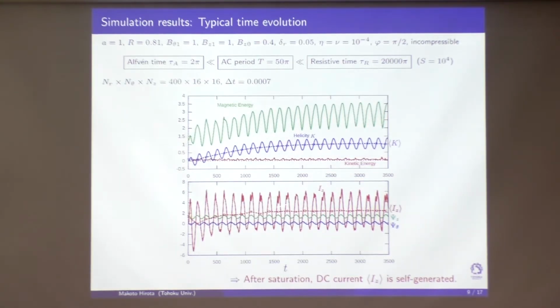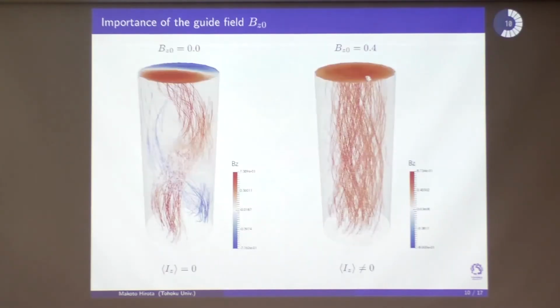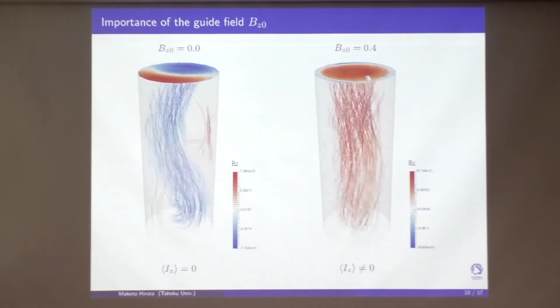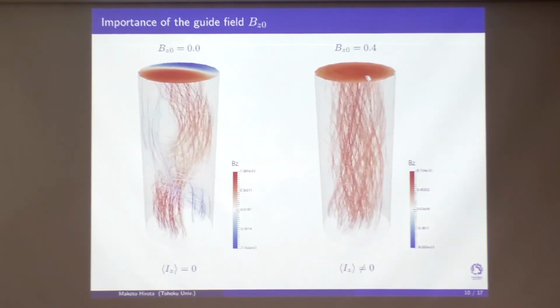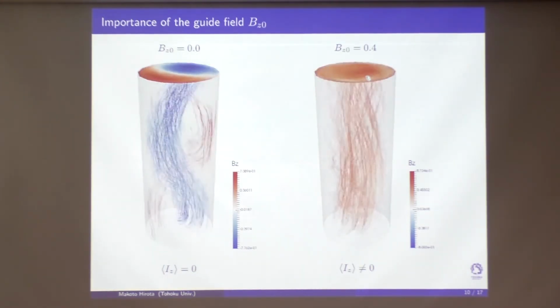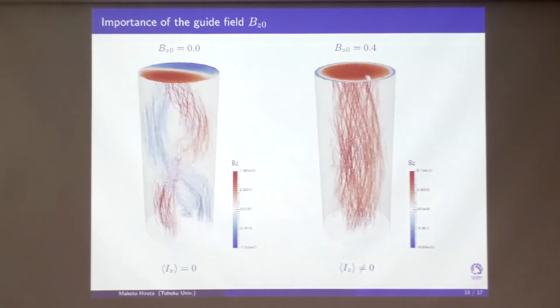At the same time, the actual current Iz is oscillating, but we can observe that on cycle average, we obtain the DC current in this way. So this DC current is the evidence of the appearance of a relaxed state. And this movie shows just one cycle of magnetic helicity injection at the saturated phase.